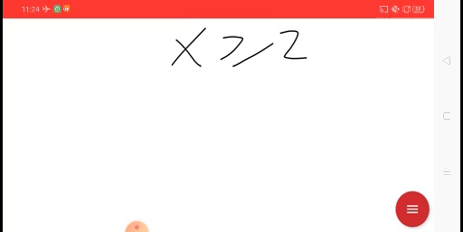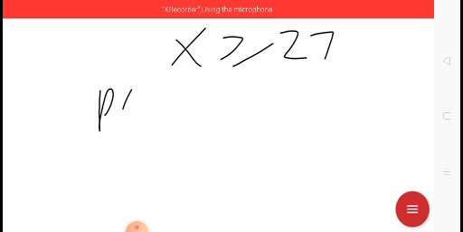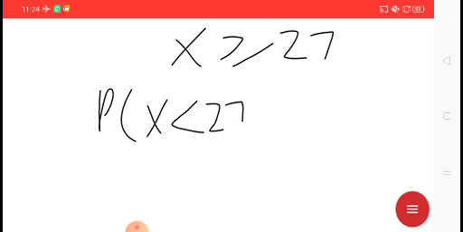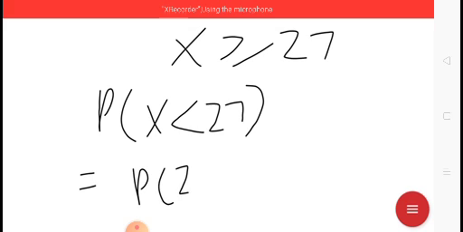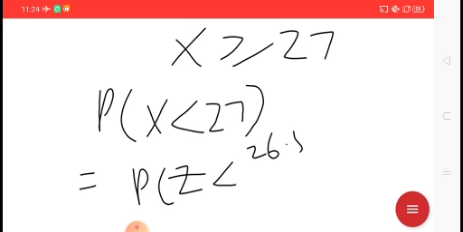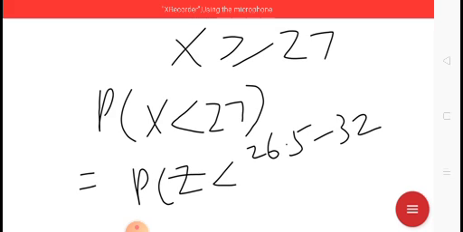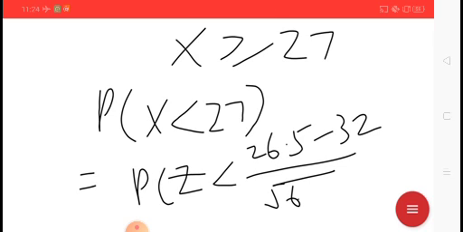Now we set the critical region as X larger than or equal to 27, where we will reject H0. So if you want to accept H0, it will be the probability of X smaller than 27, the opposite side. So smaller than 27, we will accept H0. So if you want to find this probability, it will be P(Z smaller than (26.5 minus 32) over square root of 6.4).